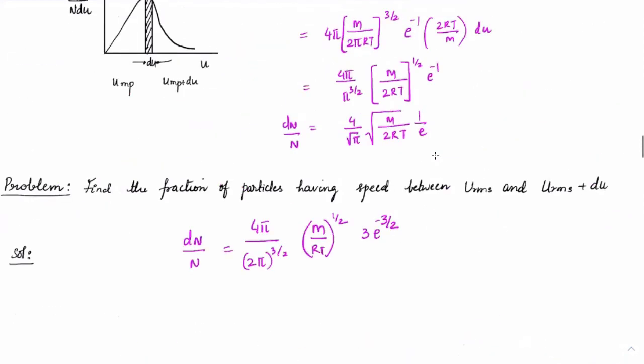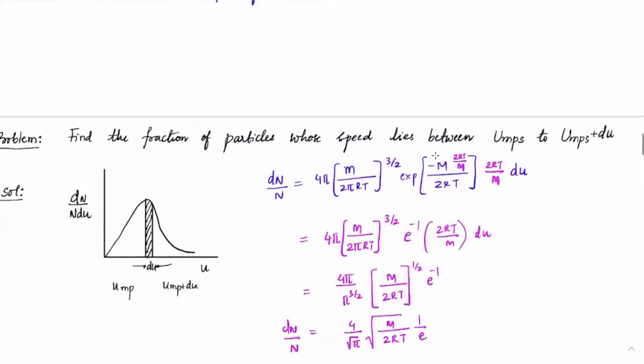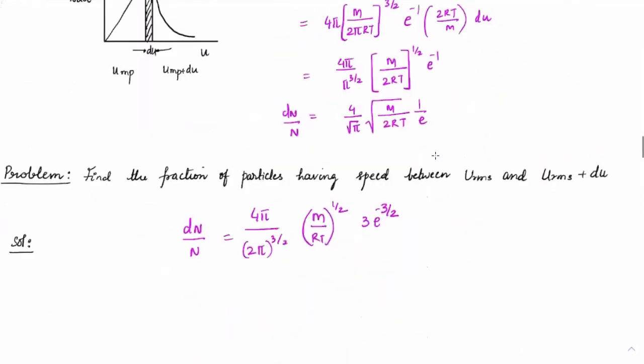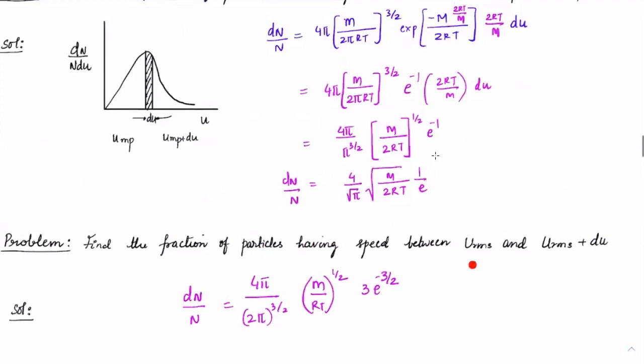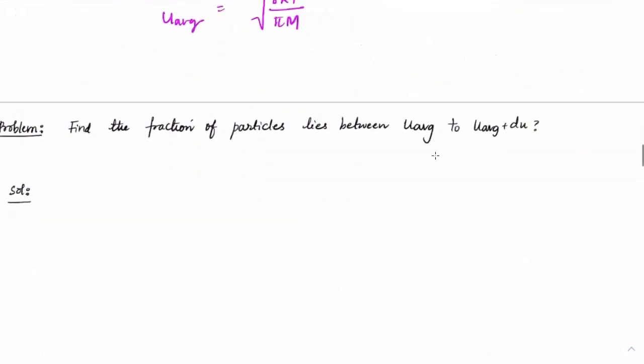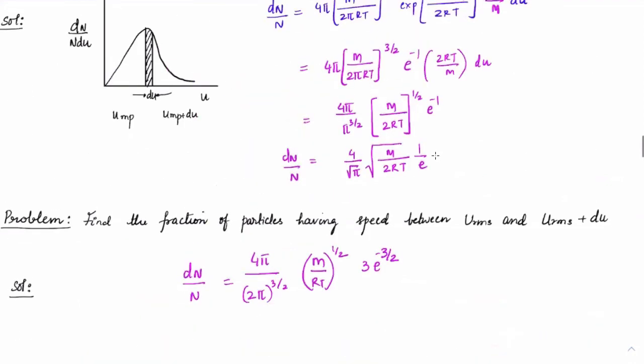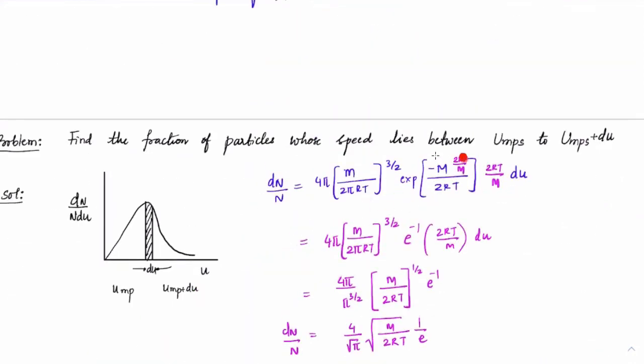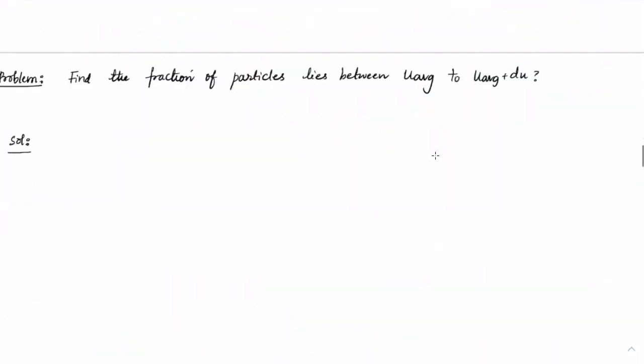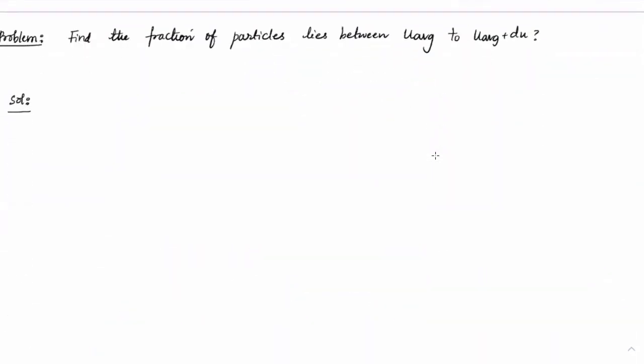Now, just like we have done it for most probable speed and RMS speed, do the same thing for average also. I'm leaving it blank; you better try that. Put the entire terms here properly. Instead of 2 RT by m, this time we'll put 8 RT by pi m, and accordingly see what fraction of particles you will get.